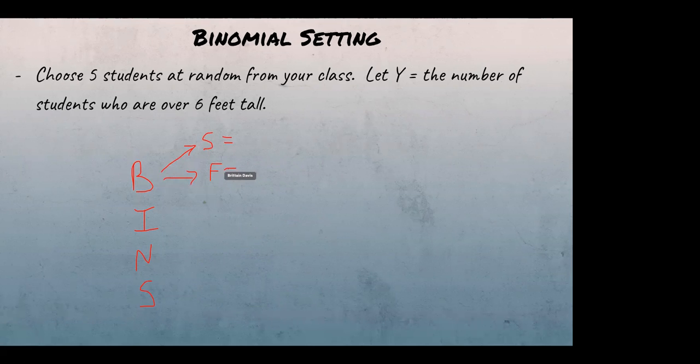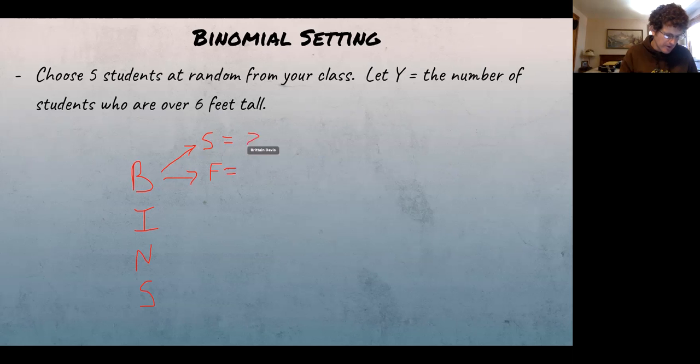Is it supposed to be a success if they're over 6 feet tall? There you go. Success is greater than 6 feet, which means, I guess, less than or equal to would be a failure. Is it independent?